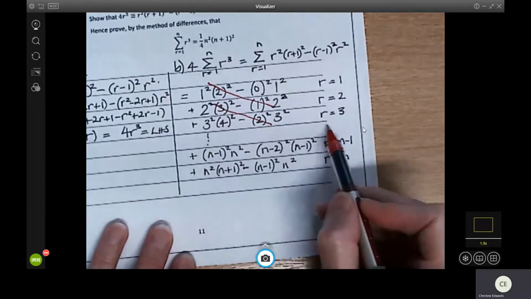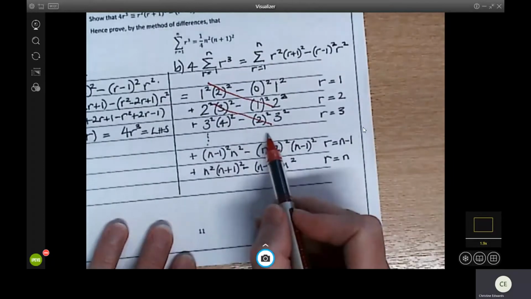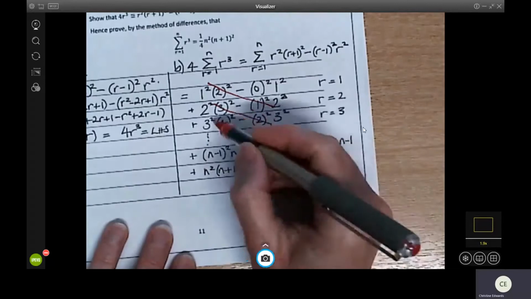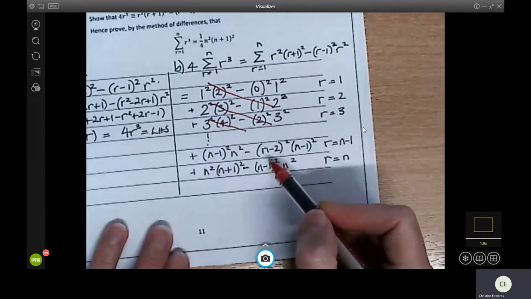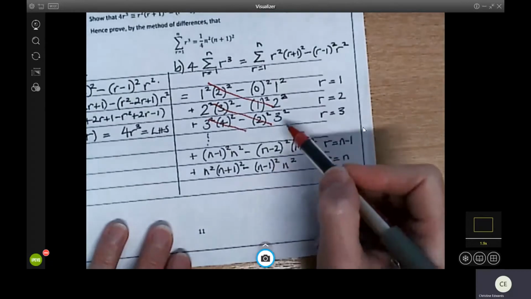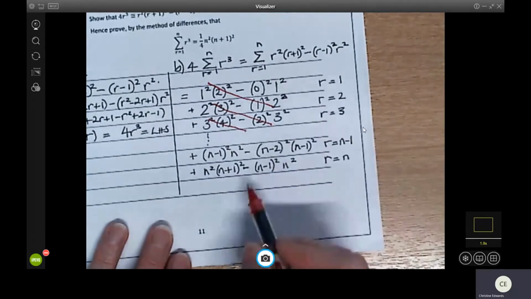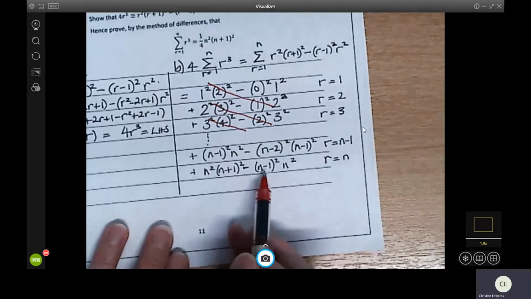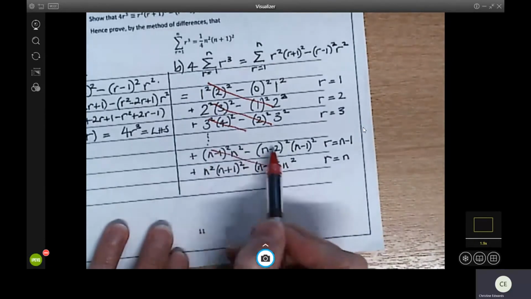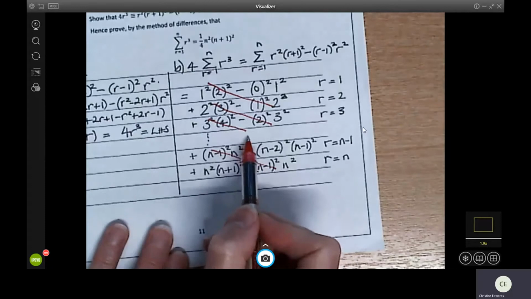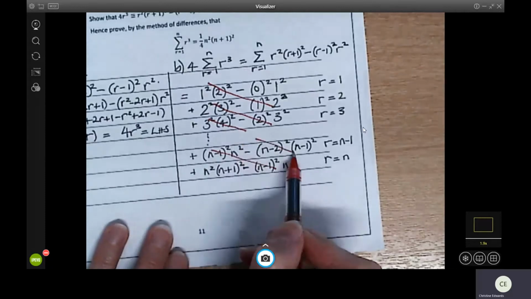If I were to do r equals 4, this term would cancel with the next one down here. And so on through the series. And that means that when I get to the bottom end, you can see that these two cancel. And this one would have cancelled with a term above. So that one also cancels.